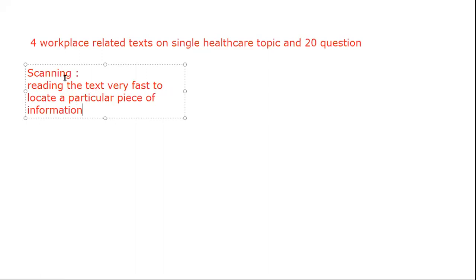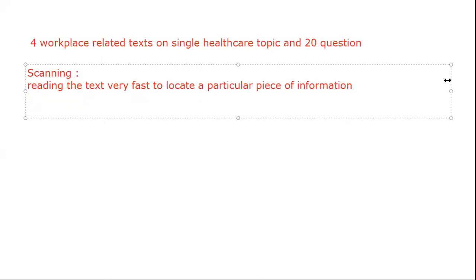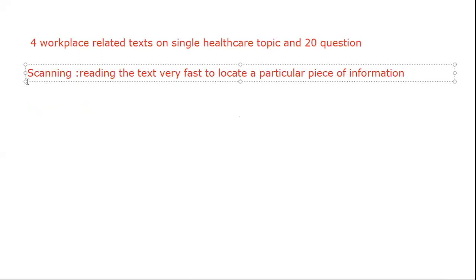So how do I find that out? The first skill that I would need for scanning is to find out what I am looking for, because I will be reading the text to find one word or one sentence. So now let us learn with the help of this text. How do we find that out?